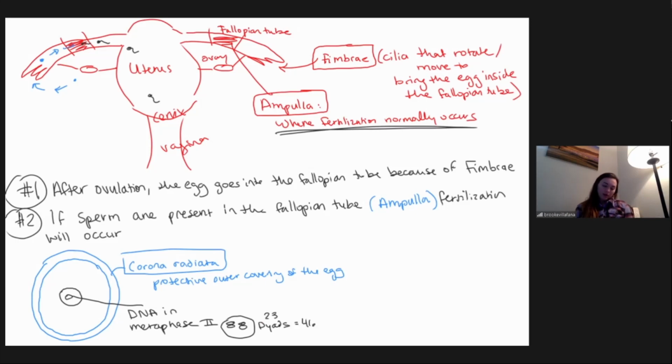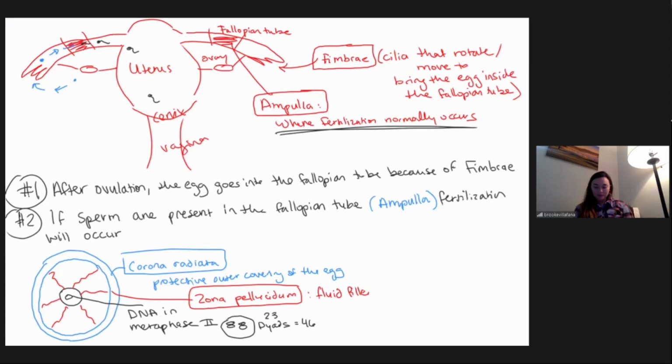In between there, you have the zona pellucida, which is like a fluid-filled area between the corona radiata and the nucleus. Remember, the nucleus has the DNA, right?